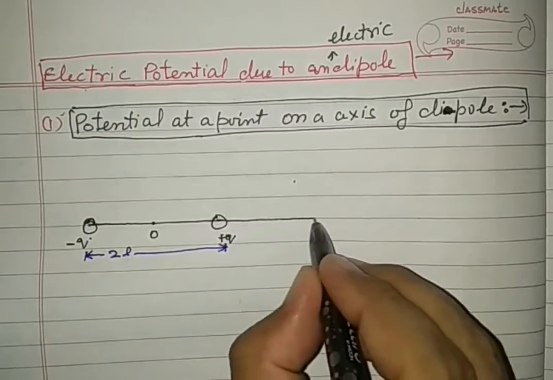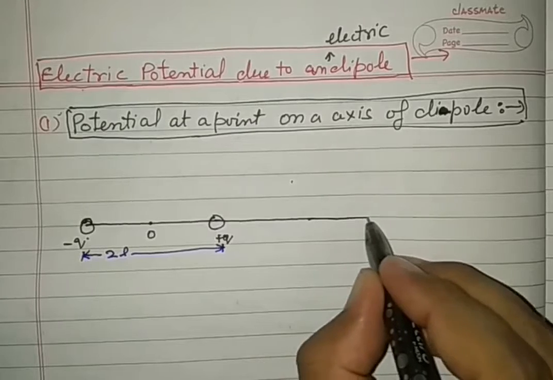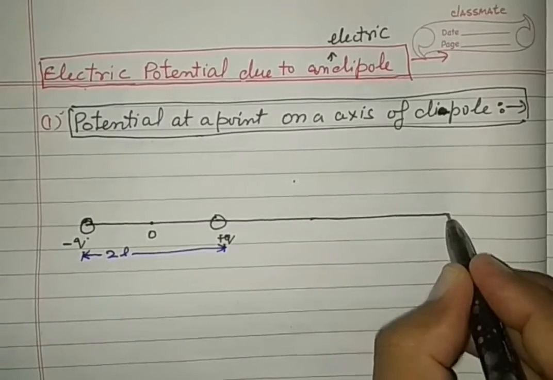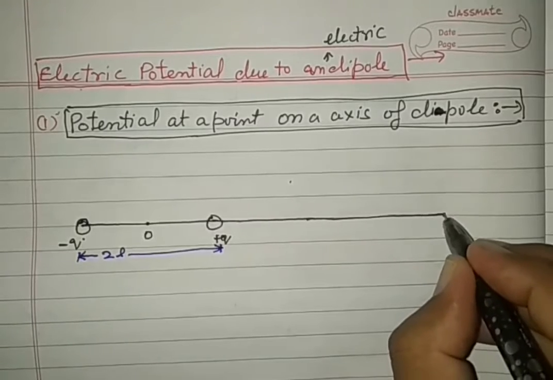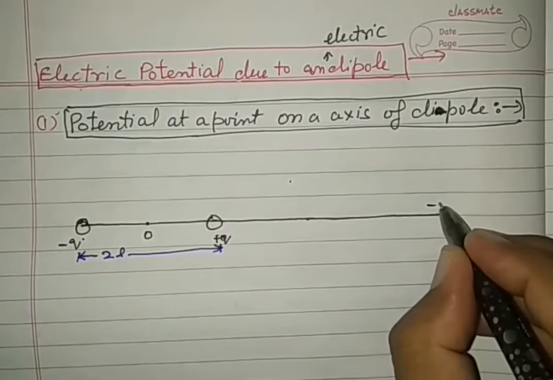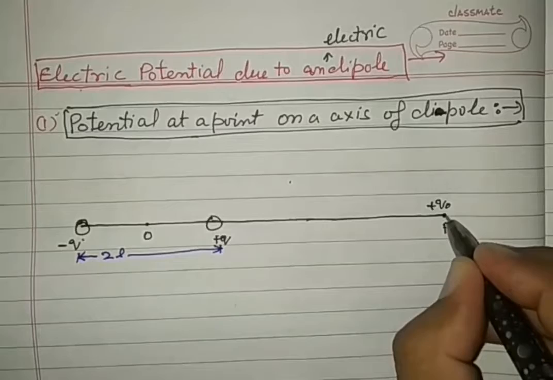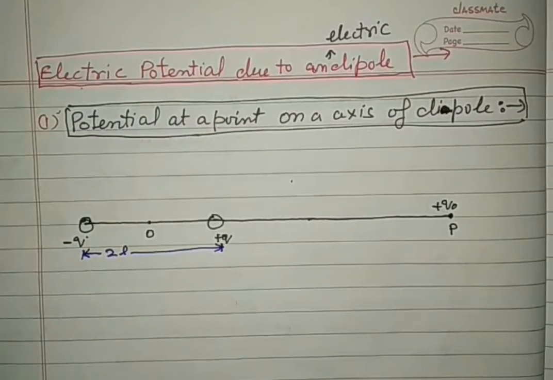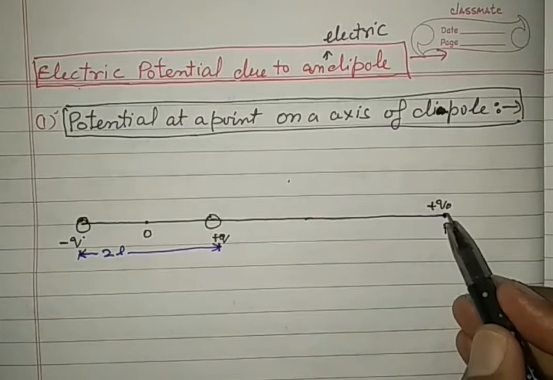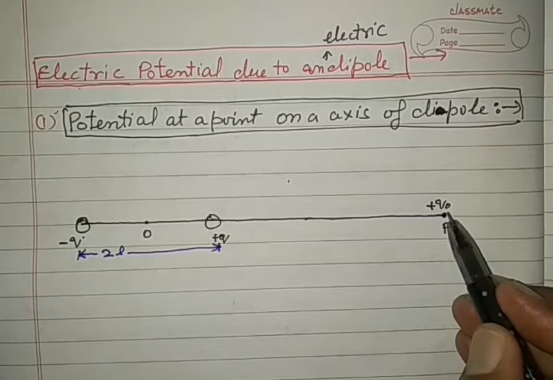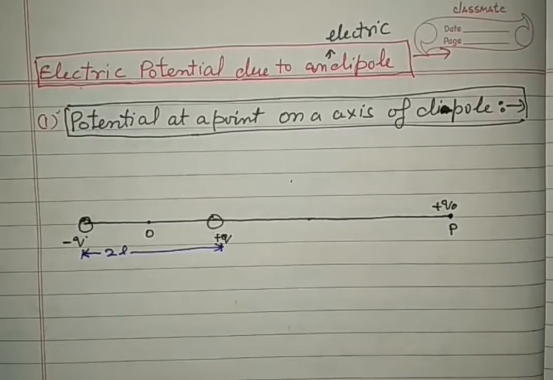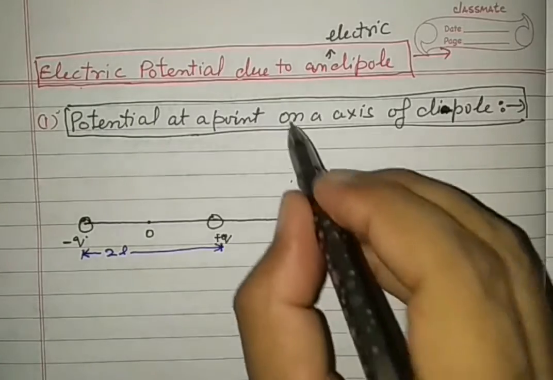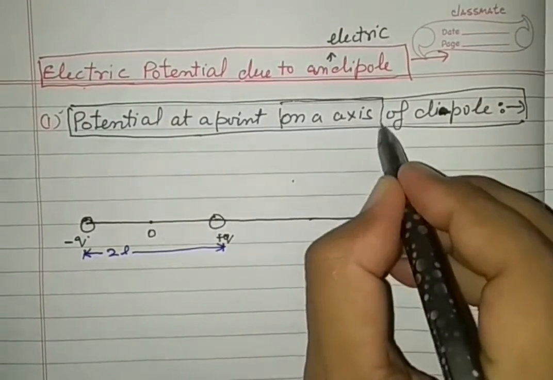In the same axis I am proceeding here. This is point P, where a smallest positive charge plus Q0 is kept, and with the help of this smallest positive charge we want to calculate the electric potential at point P. This is called on the axis of a dipole.